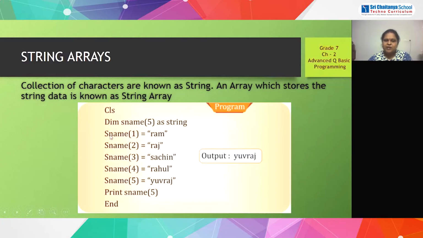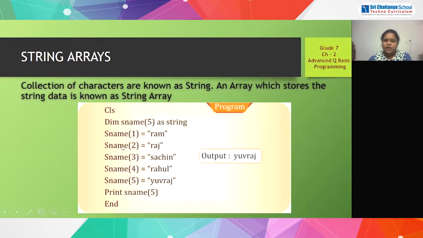First time it will be sname1, and the value I have assigned is Ram. Second time it will be 2 and I have assigned the value Raj. Third is 3 and Sachin, 4 is Rahul and 5 is Yuvraj.